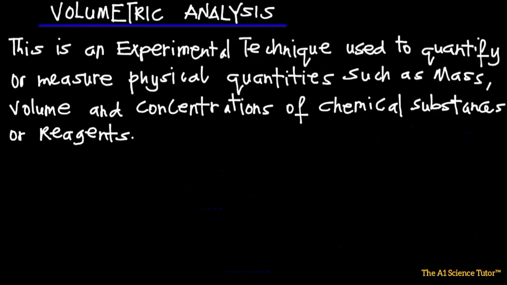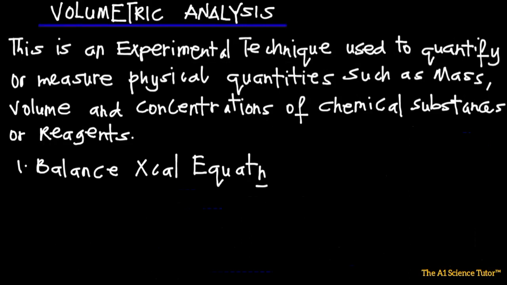Now, in order to be very fluid in volumetric analysis, you need to know some of these things. First, you need to know how to balance chemical equations. If you are able to perfectly balance chemical equations, then you would find little problem under this topic, volumetric analysis.